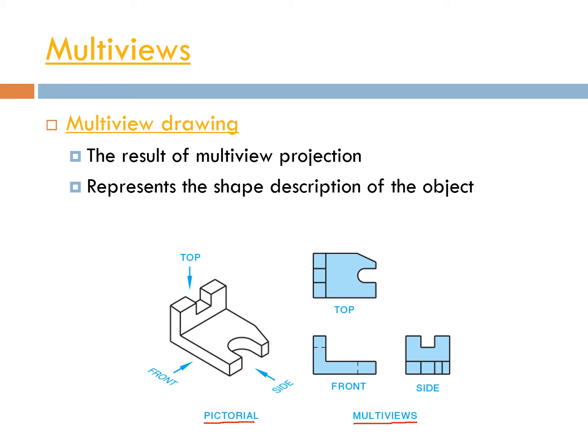So a multi-view drawing represents three different kinds of views by looking at the three-dimensional object from different perspectives, and you describe the shape of this object using those views. It does not always necessarily include three different views. As we go on, you will see sometimes you just need two, sometimes you just need one. It depends on the object.